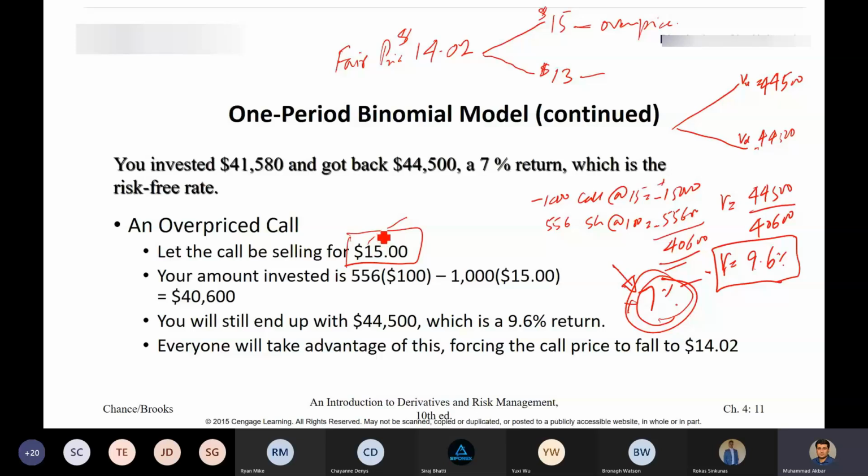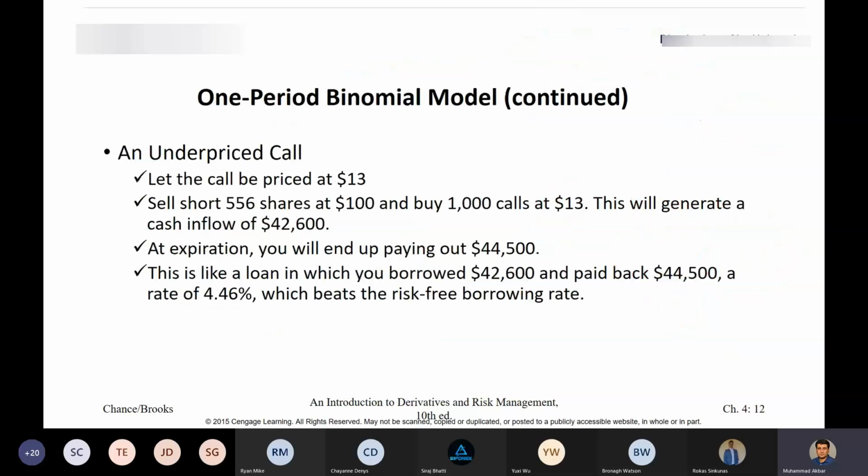So when the call is overpriced, you will sell the call and you will buy the shares. What if the call price is 13, that is underpriced? In that case, you will do the reverse. So for example, if the call price is 13, what you would do, you will buy calls, and then you will do what?